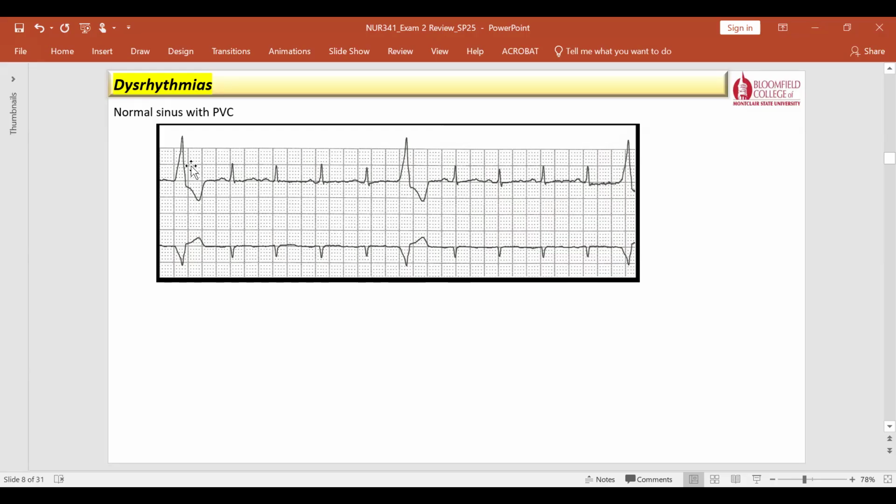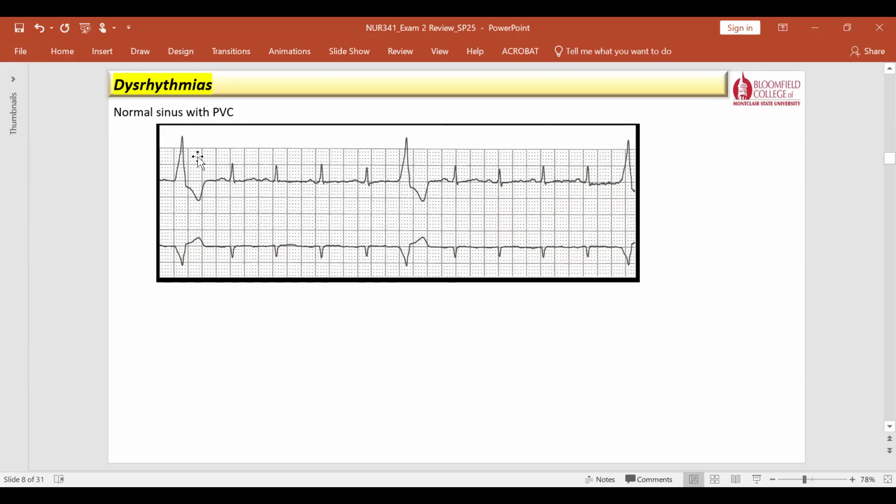So instead of presenting the 12 leads on the monitor, we can just have one running lead, which is lead 2, and it's going to be a good representation of the rest of the leads.